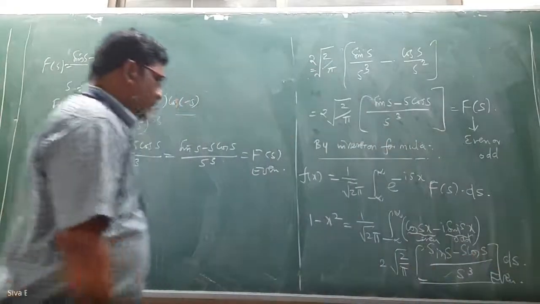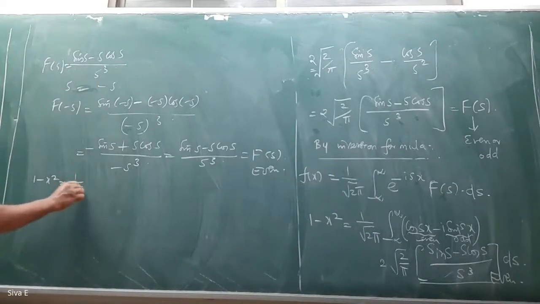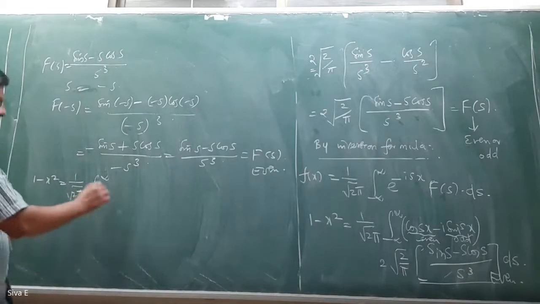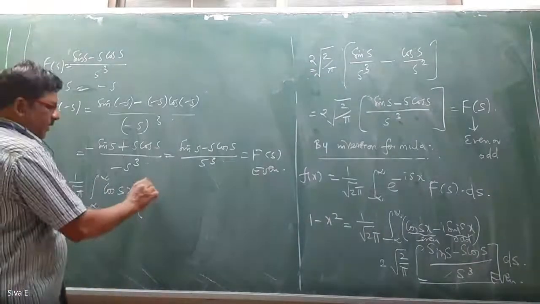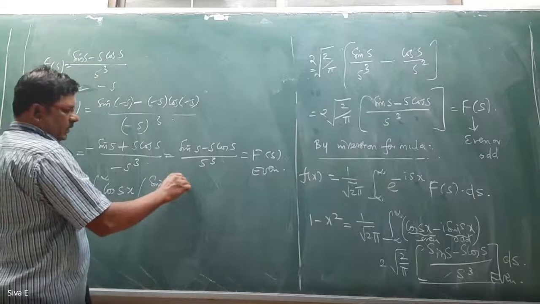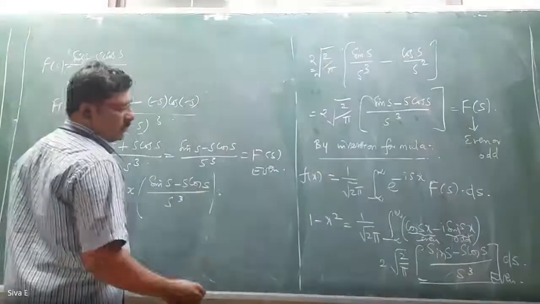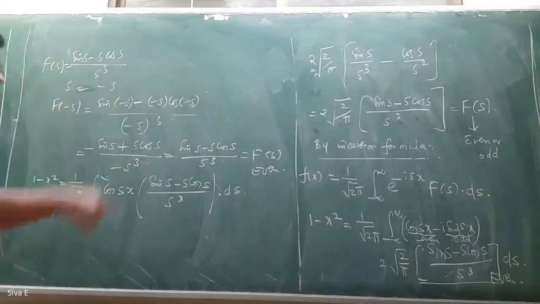Therefore, we can write it as 1 minus x square equals 1 by root 2 pi, integral from minus infinity to plus infinity, cos sx, (sin s minus s cos s) by s cube, ds. The remaining part with minus i is there.